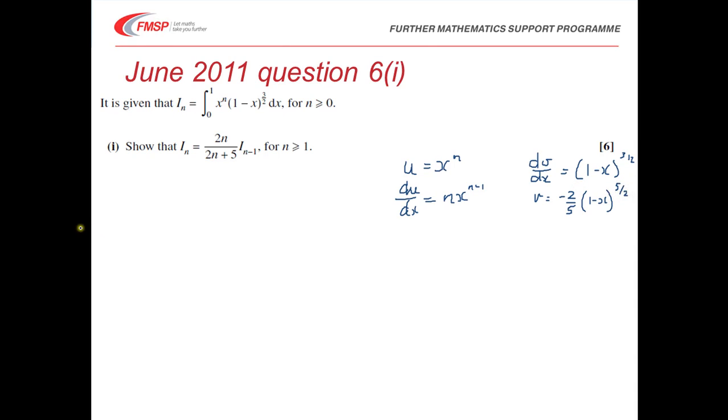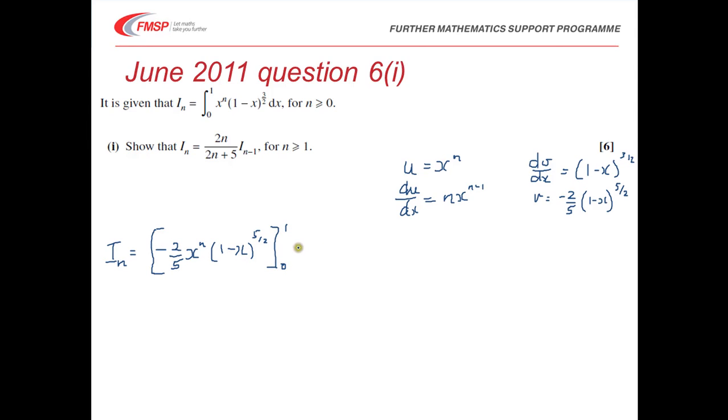So just get your integration by parts correct. Using that, we can say that I_n will be uv, so that's minus 2/5 x^n times (1 minus x)^(5/2), evaluated between 0 and 1.